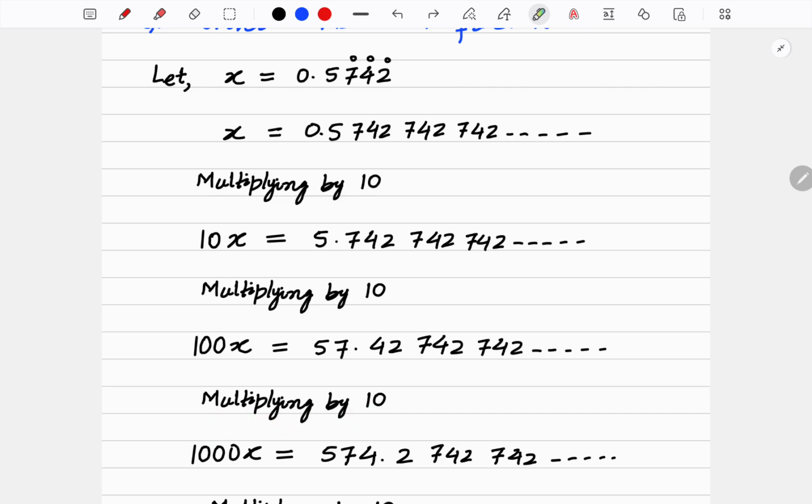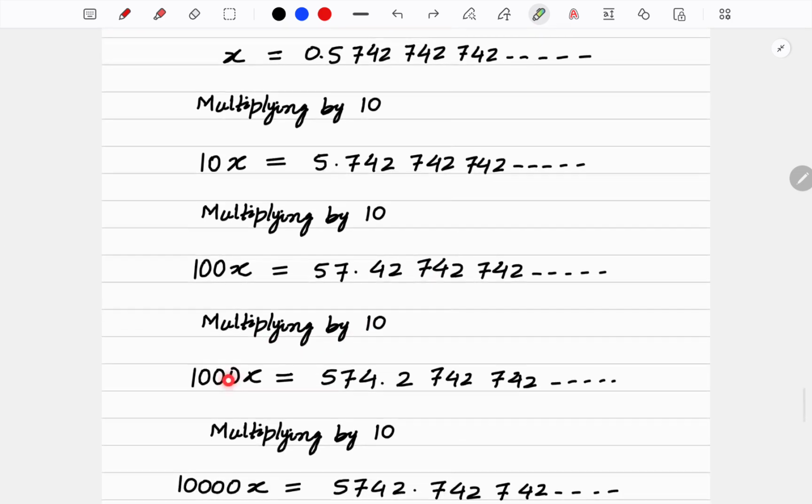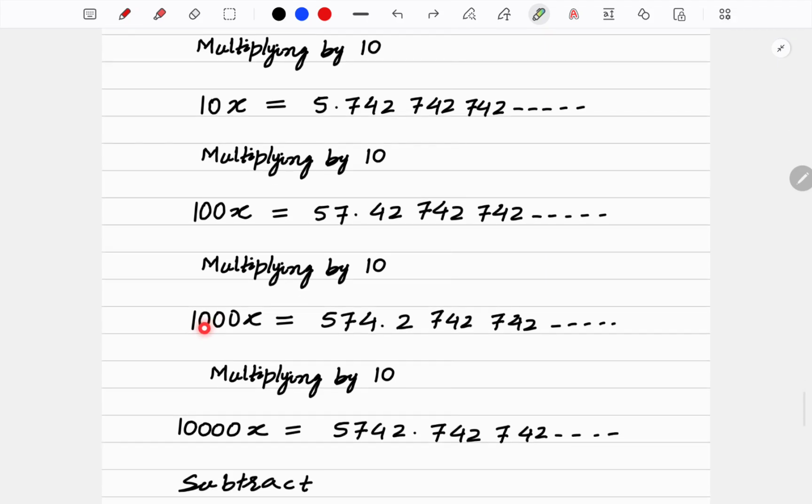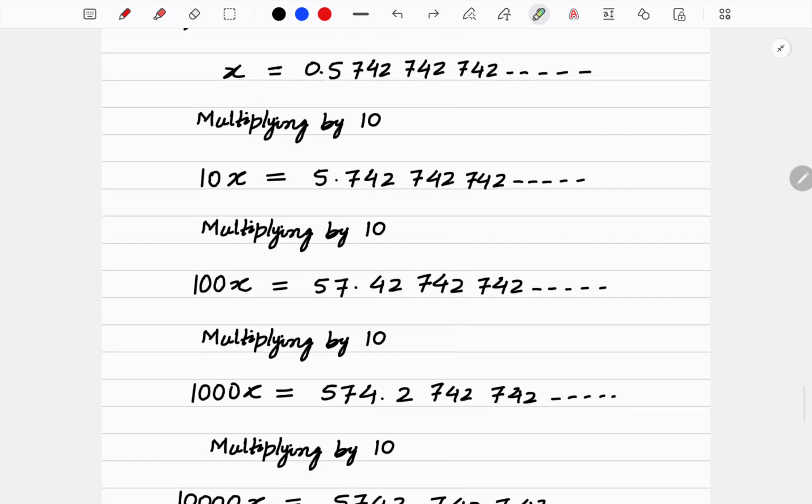If we again multiply by 10, then x multiplied by 10 is 10x, 10x multiplied by 10 is 100x, 100x multiplied by 10 is 1000x, and 1000x multiplied by 10 is 10,000x.